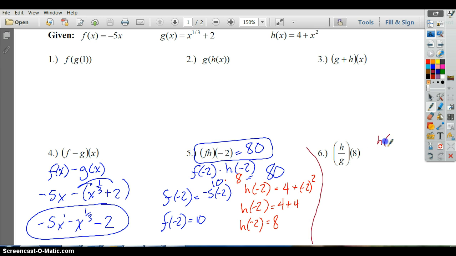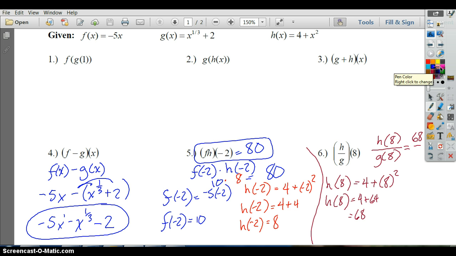Number 6. We're going to do h of 8 divided by g of 8. So let's first evaluate what h of 8 would be. H of 8 would be 4 plus 8 squared, which would be 4 plus 64, which we know is 68. So right now I have 68 divided by something. Well, let's test g of 8.